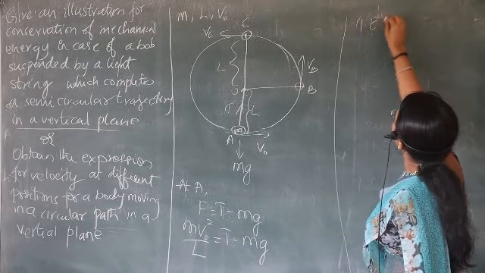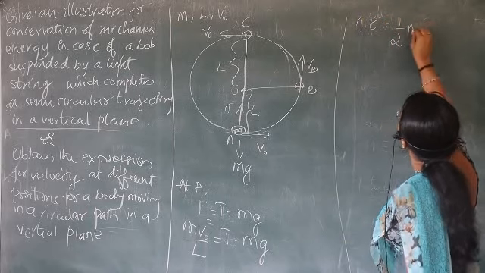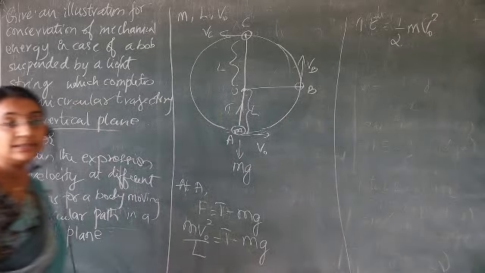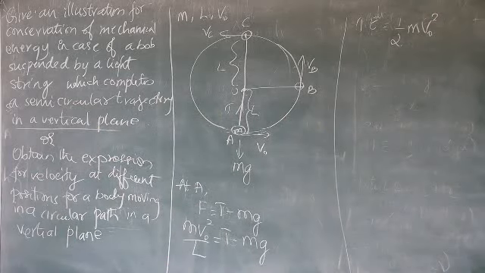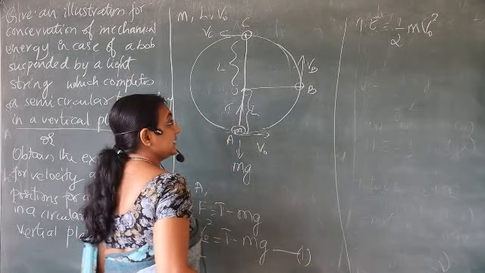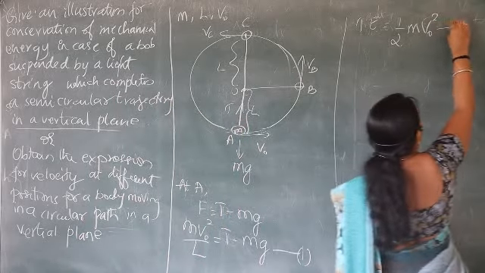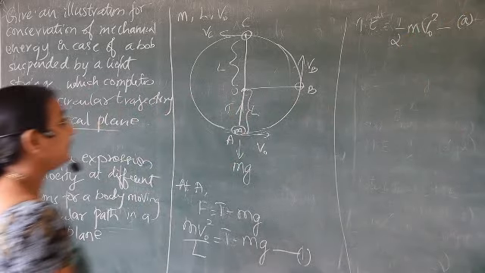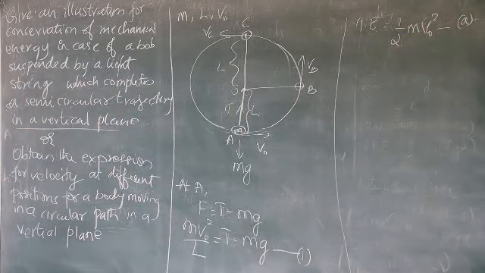Total energy is equal to half m v naught square. Let us mark this equation as 1, and let us mark the earlier equation as A. Okay, 1 and A.